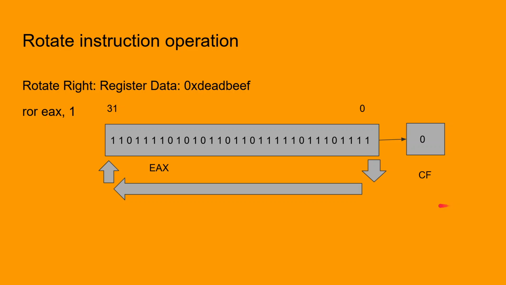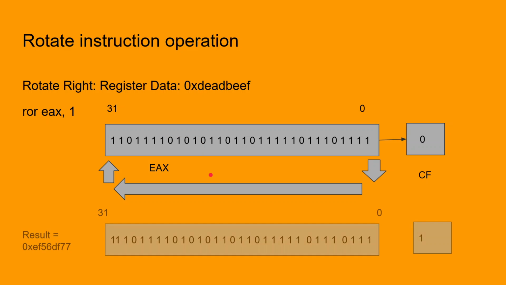The rotate right instruction is very similar to the rotate left, except that in this case the direction of the shift is right. So here the least significant bit is the one that is going to be shifted out and it gets copied to the carry flag, and it makes its way all the way to the most significant bit where there is a vacant position introduced because of the shift right.